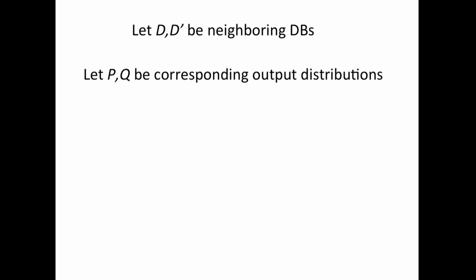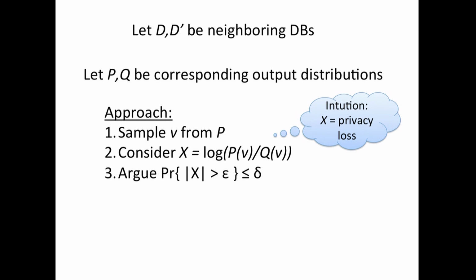Nothing much happened so far, but I want to tell you how to formalize privacy loss. So here's an approach for proving the theorem. What we're going to do is sample a 0-1 vector v from the output distribution p. And then we're going to look at the logarithm of p of v divided by q of v. Okay, so this is how much probability p gives to v divided by how much probability q gives to v, and we take the logarithm of that.